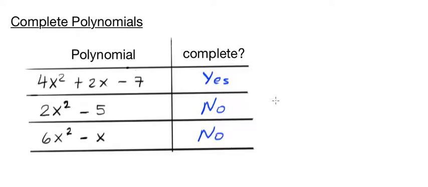Now, however, whenever you're given a polynomial that is not complete, you may add this term 0 times whatever is the variable that is missing to complete the polynomial. Look, 2x squared minus 5 is not complete, but 2x squared plus 0 times x, which is 0, right?